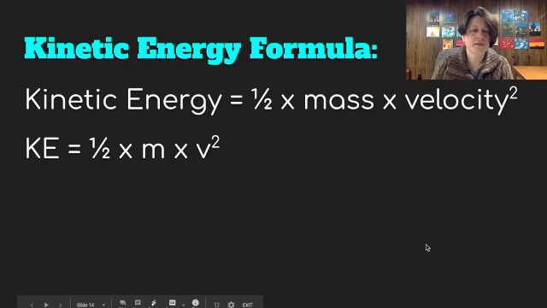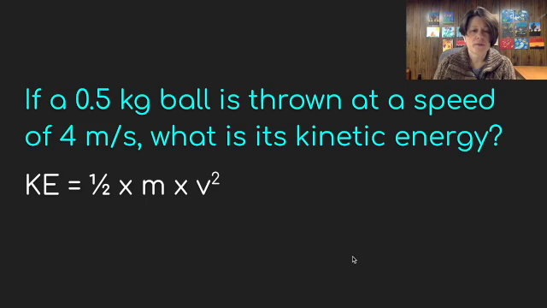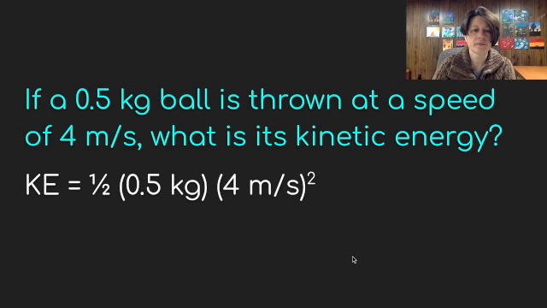There's also a formula you need to know for this, and for mechanical energy, it's the same as kinetic energy. Kinetic energy formula is 1/2 times the mass times the velocity squared. So K equals 1/2 times m times v squared. So an example of a problem using this equation would be if a half-kilogram ball is thrown at a speed of 4 meters per second, what is its kinetic energy? So first thing we write down is our equation, K equals 1/2 times m times v squared.